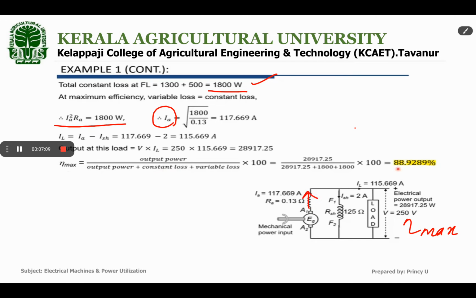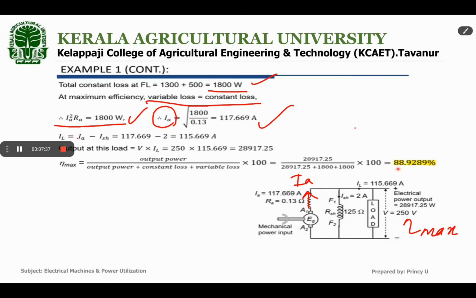From IA square RA equal to 1800, IA is equal to the root of 1800 by RA, 0.13. So you will get the armature current at the particular load which gives maximum efficiency.